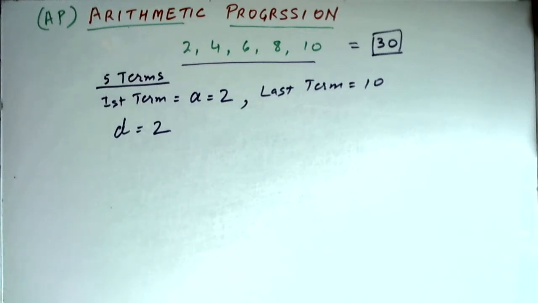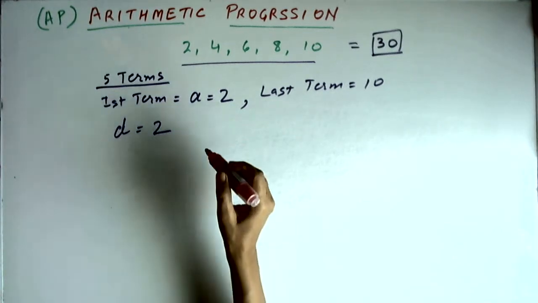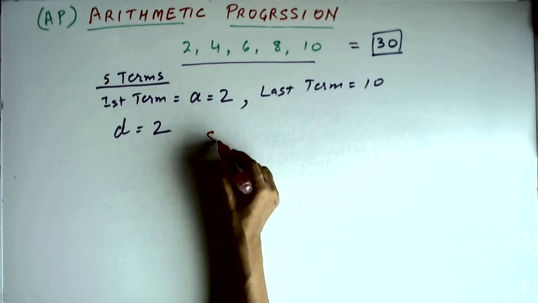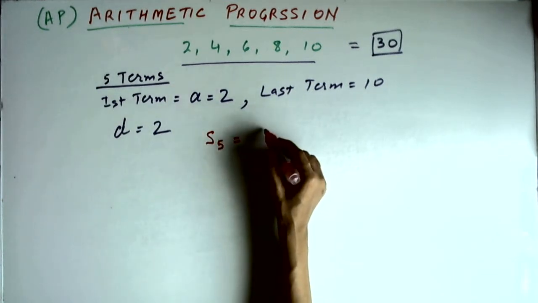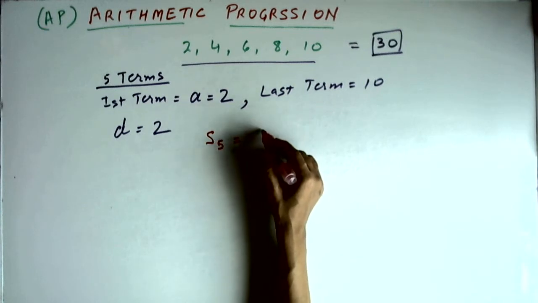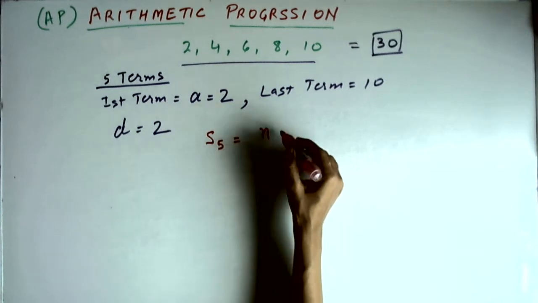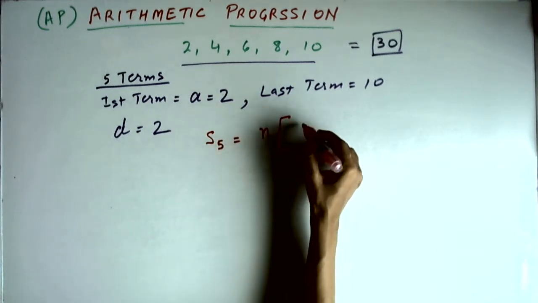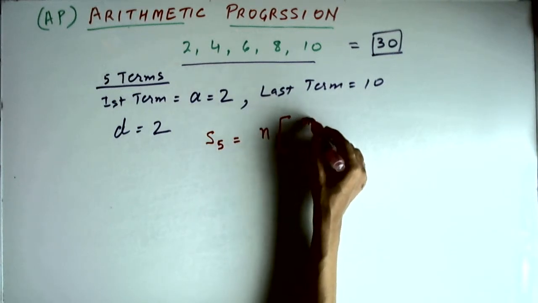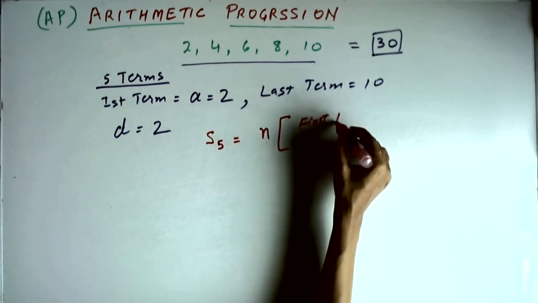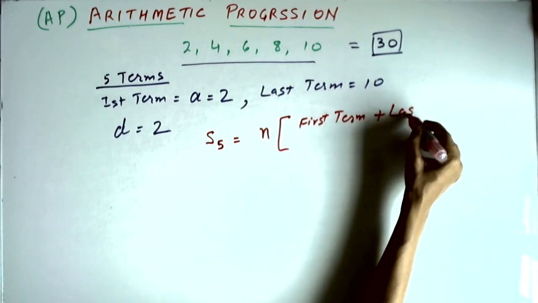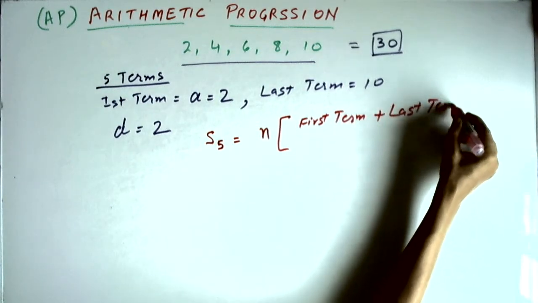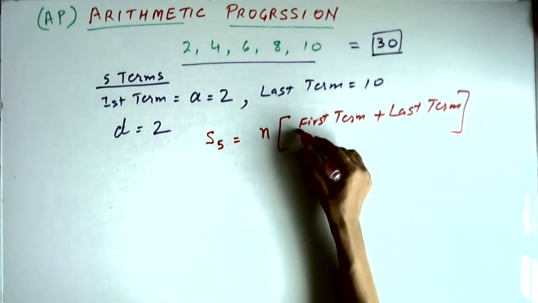So for that situation, we use a formula, and that formula is that the sum of, in this case 5 terms, or sum of any number of terms is number of terms into first term plus last term divided by 2.